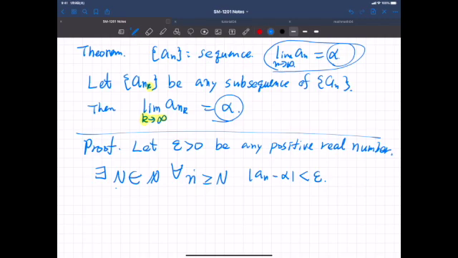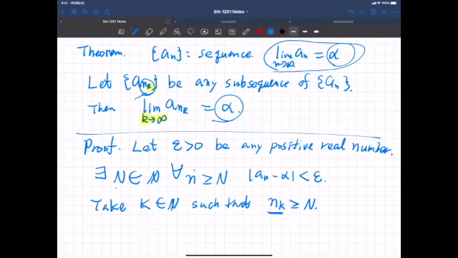Now, let's take a natural number, capital K, such that n_K is greater than or equal to N. This n_k is a sequence of natural numbers.